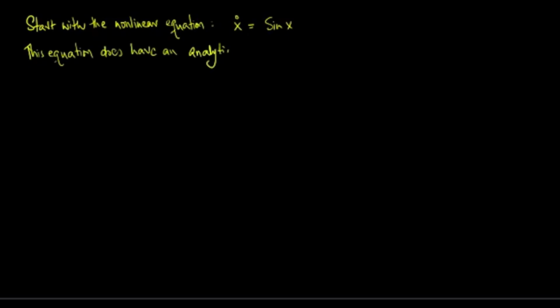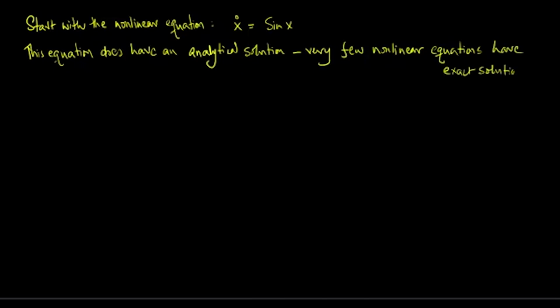Now let's start with the nonlinear equation x dot is equal to sine x. This equation does have an analytical solution, but very few nonlinear equations admit exact solutions. To solve the equation, we separate the variables and then integrate.